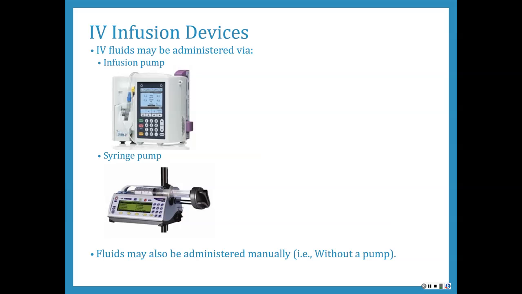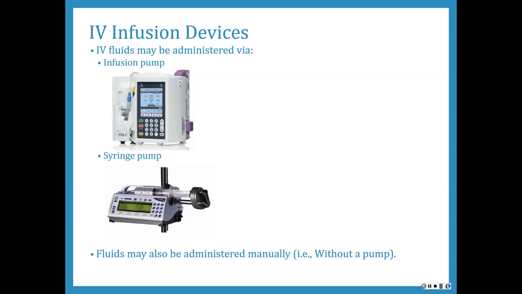This slide shows us 2 different types of pumps. Most of the time in practice we have a pump similar to the top pump. Most locations now have smart pumps where we can select the fluid, and if there's a medication that we're infusing, we select the concentration, and that takes the guesswork out of it to make sure that we are giving the correct amount of fluid.